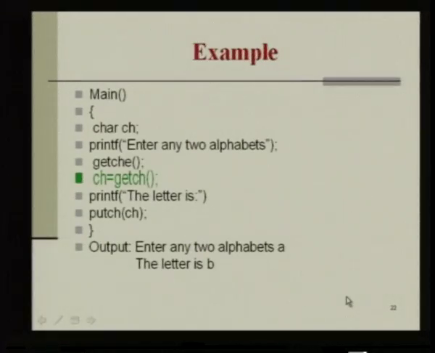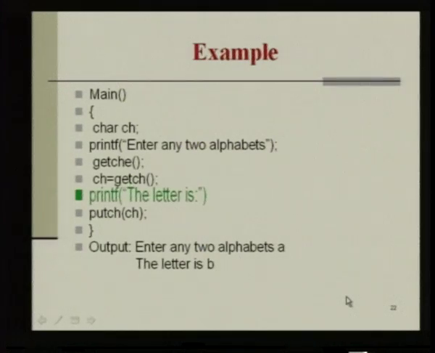In the next statement you are using getch and you are assigning it to the character ch. So, this accepts a character, it will not display it on the screen, but it will assign it to the variable ch. Next you are printing the line the letter is, and you are putting this character which you just now accepted on the screen. Then you are closing the program, and this is how you get the output.